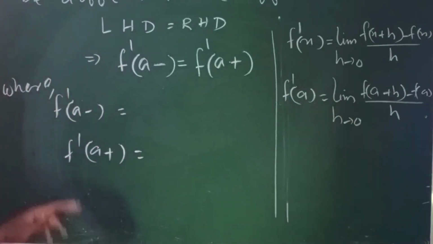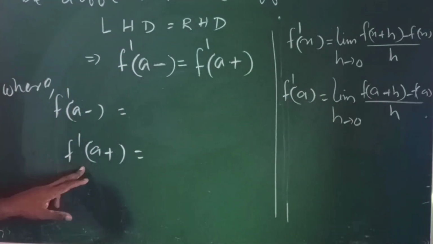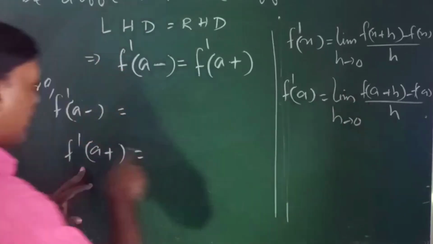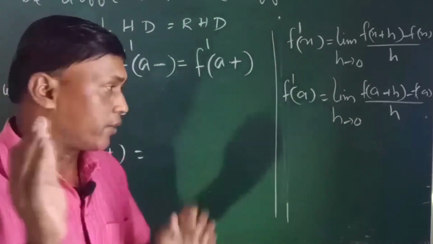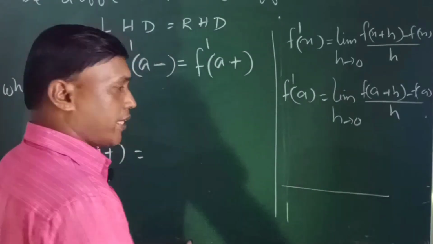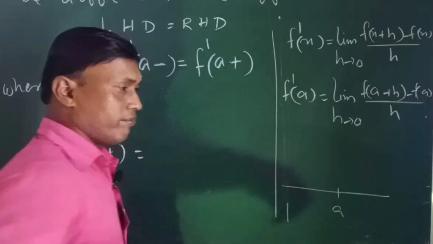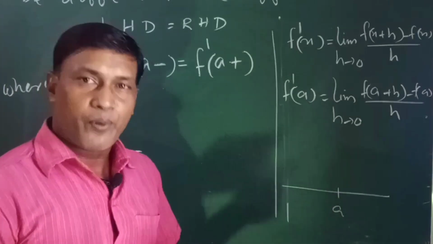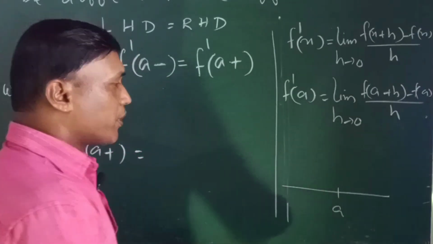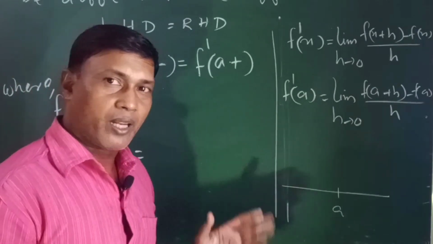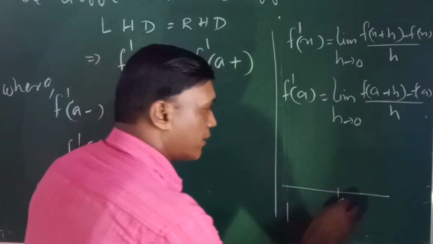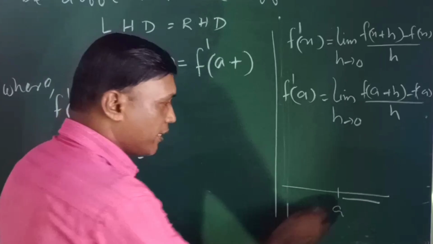Now we want to find the left derivative and right derivative. F dash a is here, f dash a minus, f dash a plus. Remember the simple formula. This is a number line. There is a point a. X is equal to a means x is a point. So if we want to find the right hand derivative, that means we have to move right to a. Right to a means this area. Left to a means this area.